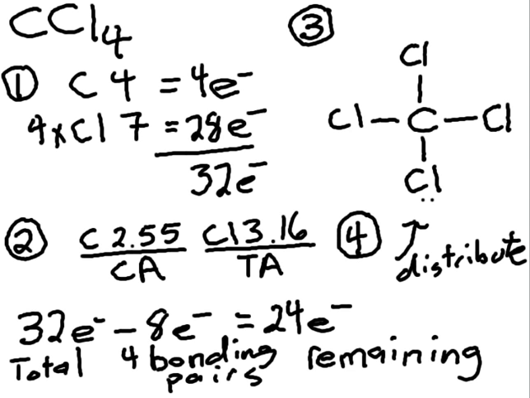These non-bonding pairs are represented as dots and are called lone pairs. 2, 4, 6, 8, 10, 12, 14, 16, 18, 20, 22, 24.